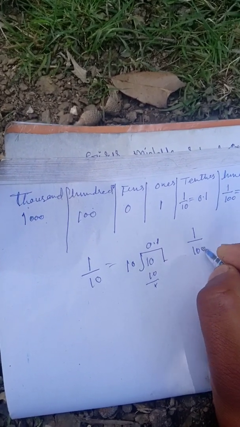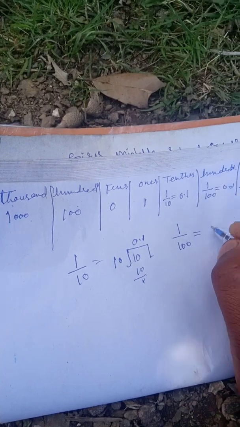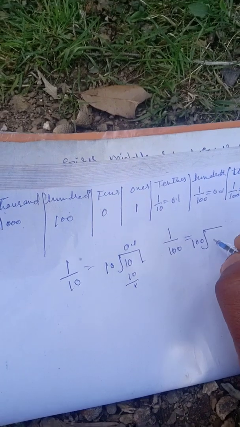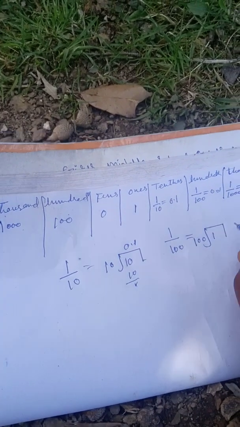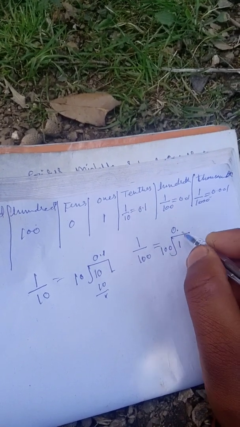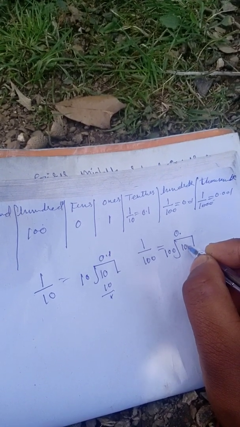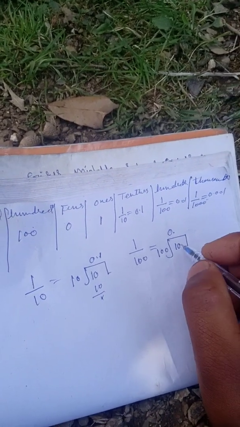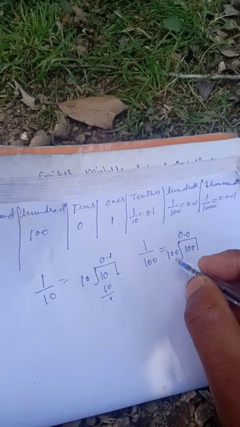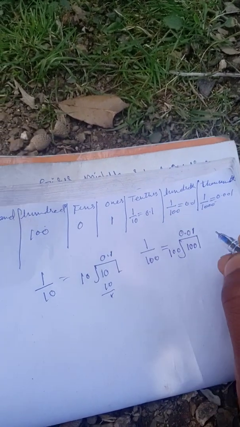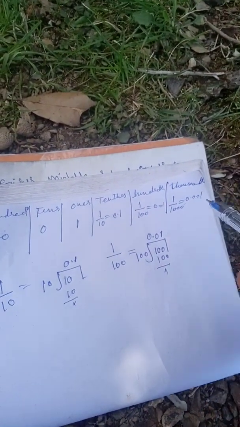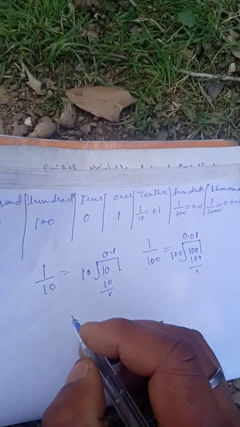And I am showing hundredth, 1 upon 100 equal to, how can we do this? Take the denominator outside the box and the numerator inside the box. Students, write here 0 and take a point and 0 and one more 0 here, 0 and 100 multiply 100. And I'm going to show thousandth.